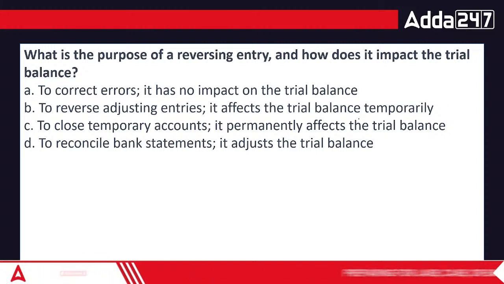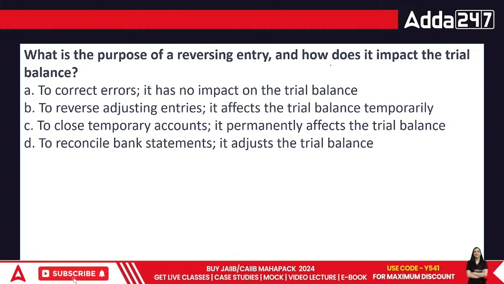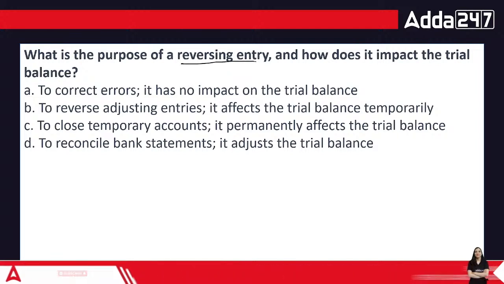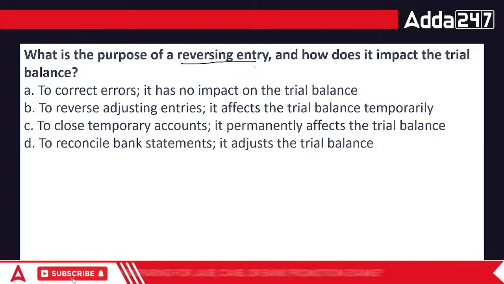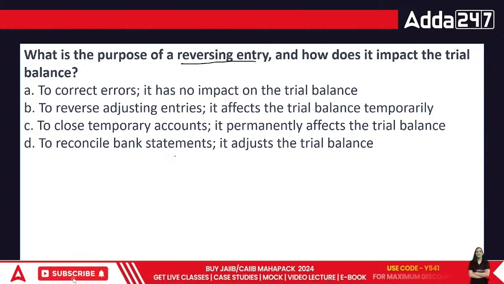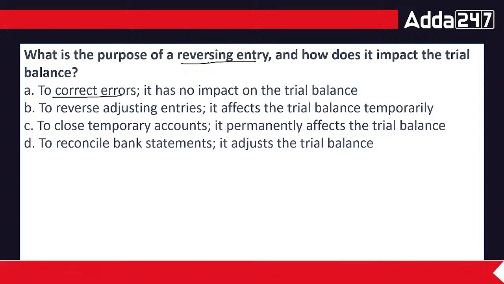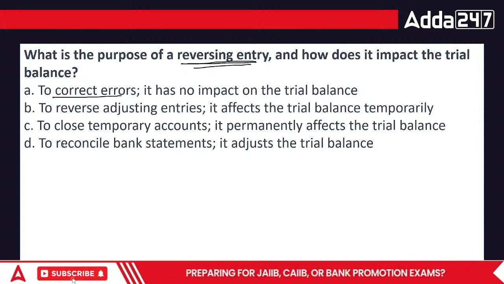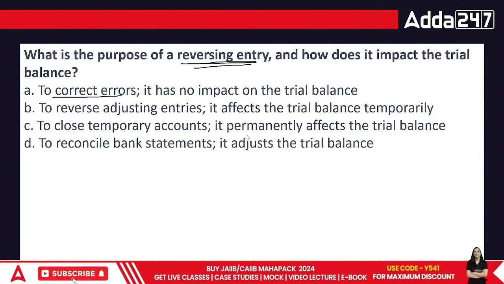Basically, in this case, you adjust all those things. The answer should be to correct the errors. Reversing entries are put for that particular thing. If there was an error, we have to just rectify that error.